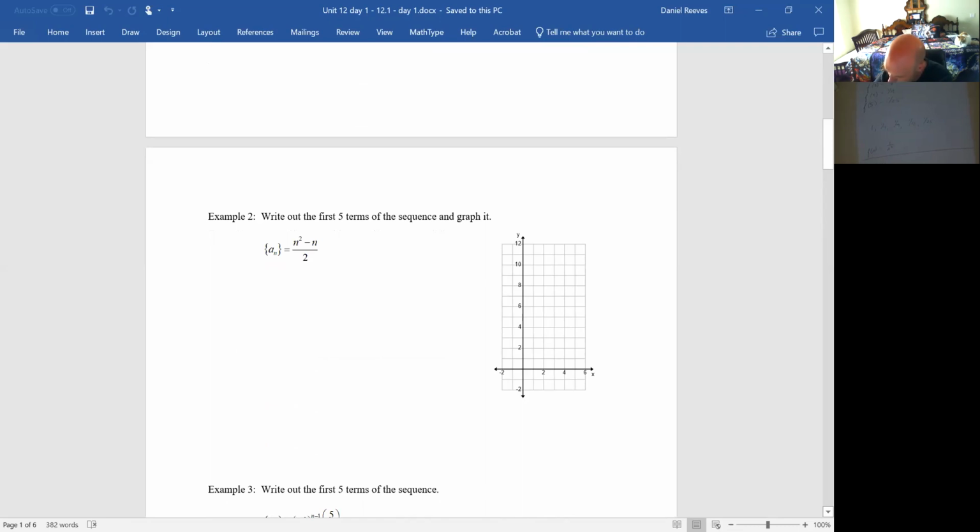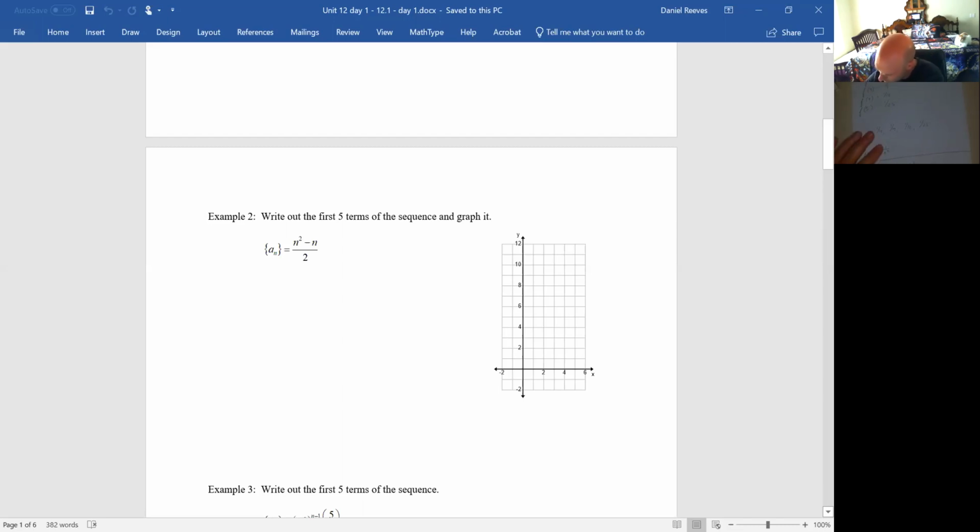A sub 3 equals 3 squared, 9 minus 3, that's 6 over 2, which is 3. A sub 4, 16 minus 4, 12 over 2, which is 6. And a sub 5 is going to be 25 minus 5 over 2, and so that is 10.